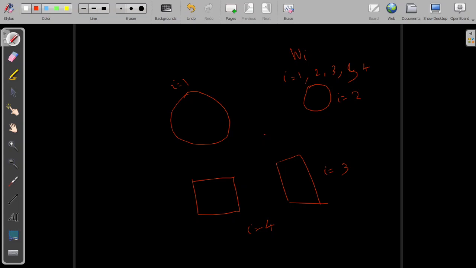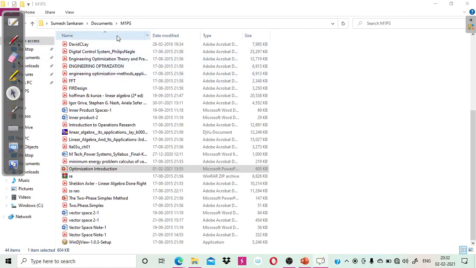We have erected service lines from the post to the buildings, like this, and the lengths of these service lines are w1, w2, w3 and w4, as shown in this figure, right?